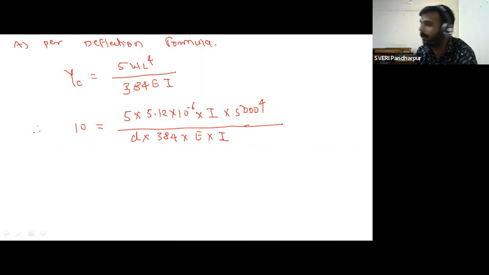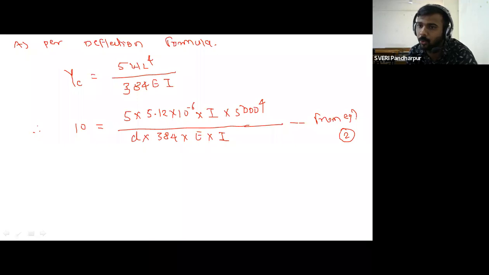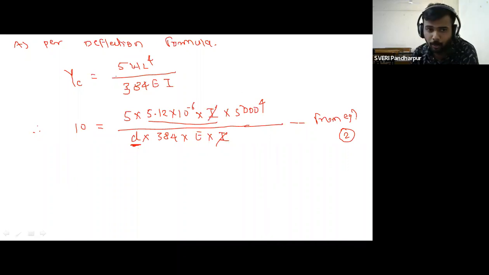What did we do? We only put the value of W from equation 2 in its place. The I term is in the numerator and D is in the denominator. Which values will cancel? I from the numerator and I from the denominator will get cancelled.